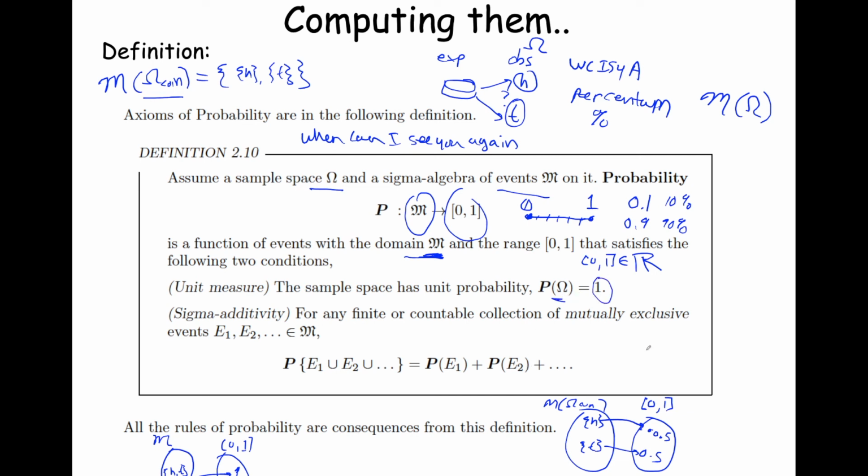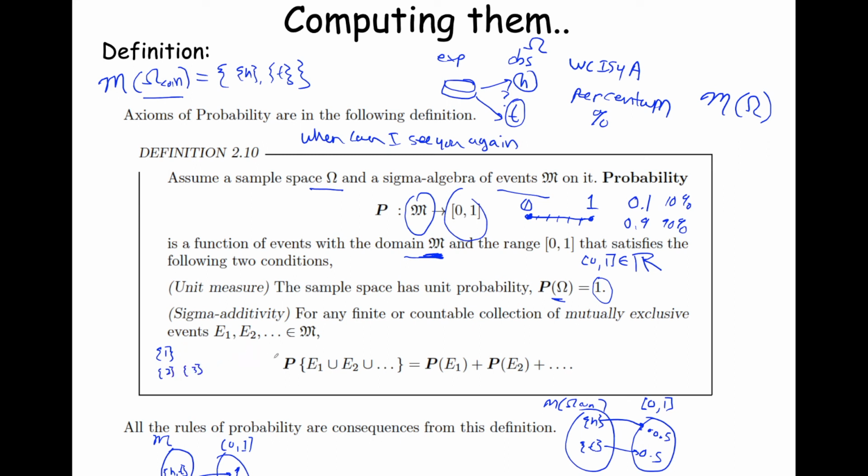Okay. Also, the second property is called sigma-additivity. It applies to any finite or countable collection of not any events, but mutually exclusive events, pairwise. They're mutually exclusive, meaning that pairwise, the intersection between them is the empty set. So what's mutually exclusive? 1 is mutually exclusive with 2. 1 is also mutually exclusive with 3.